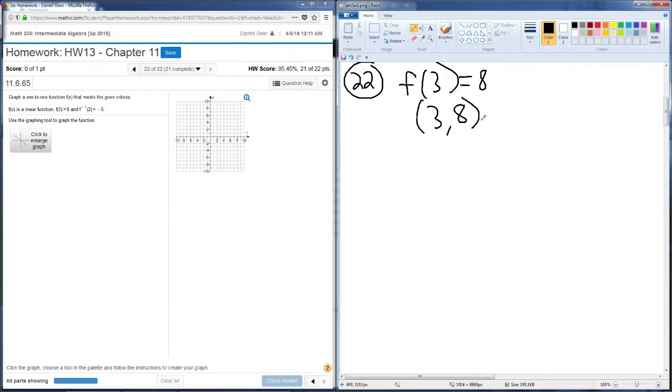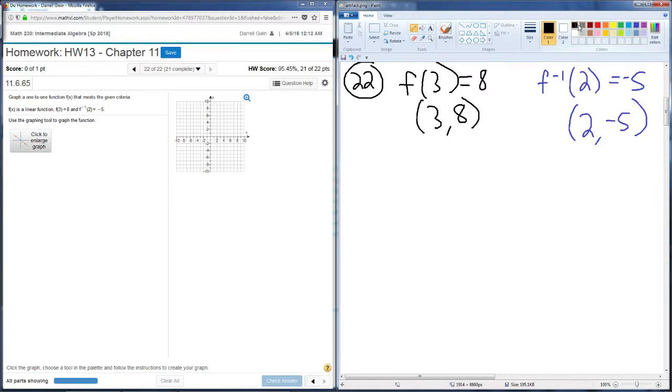And the inverse function, f inverse of 2 equals -5. So this is the inverse function, which has the point x equals 2 and y equals -5.